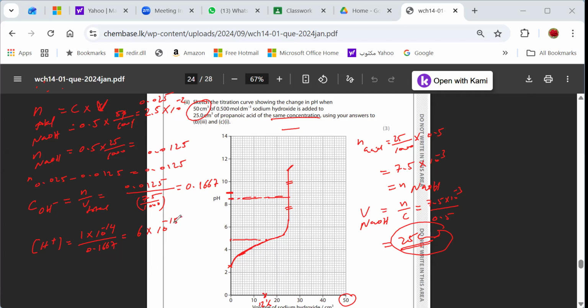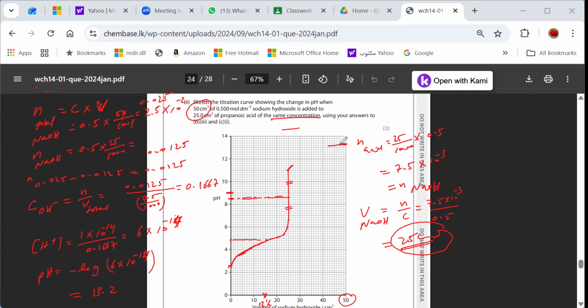So what will be the pH? Minus log of this value. Wait, it's 14, no, 13. I was astonished because it shouldn't be higher than 14. So the pH is 13.2. This means that we have to end our titration curve at 13.2.